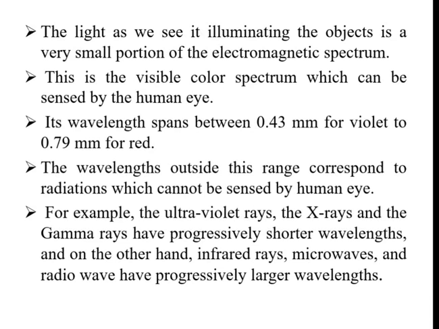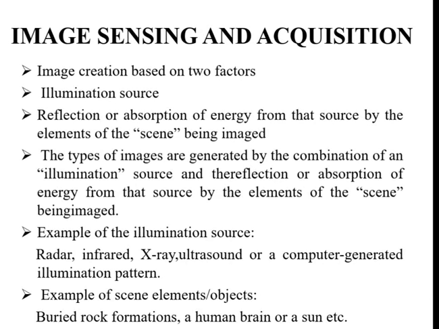Its wavelength spans between 0.43 micrometers for violet to 0.79 micrometers for red color. The wavelengths outside this region correspond to radiations which cannot be sensed by the human eye. For example, ultraviolet rays, X-rays and gamma rays have progressively shorter wavelengths, and on the other hand, infrared, microwaves and radio waves have progressively longer wavelengths.